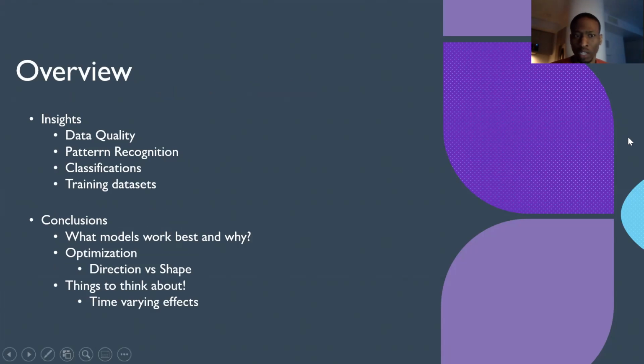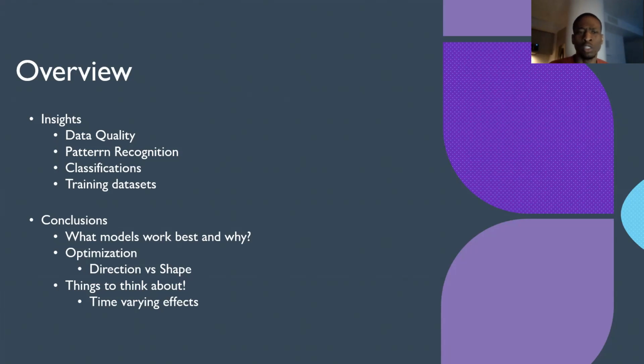Insights are really important. Again, I mentioned data quality. We're going to look at data from a pattern recognition standpoint, when it comes to the direction of the information and also the density of information that's brought in to classify, and to understand how the information looks in terms of continuity. And then training data sets, of course, specifically on the event or the objective function.